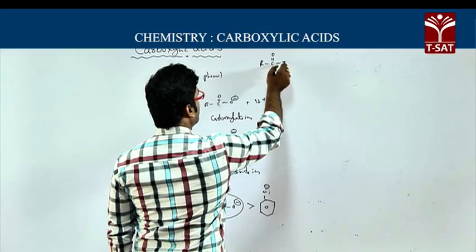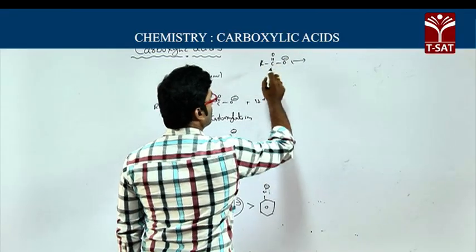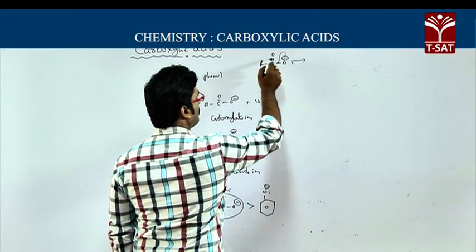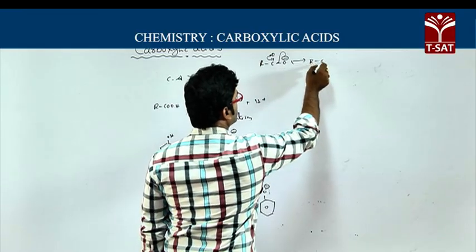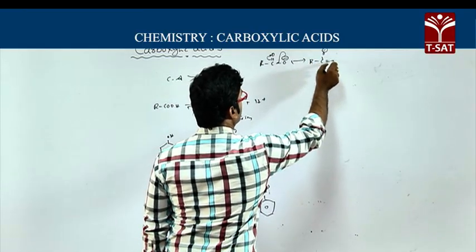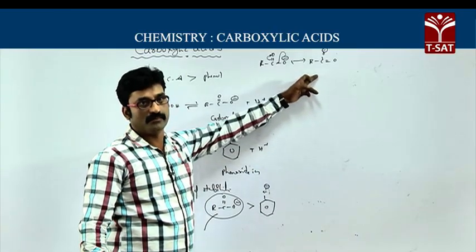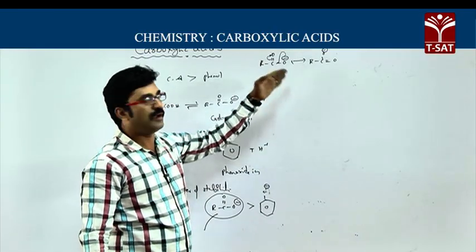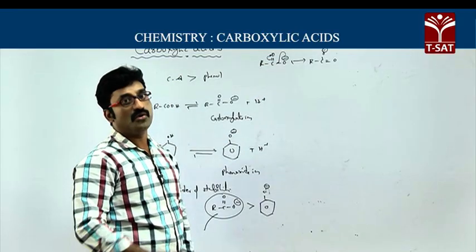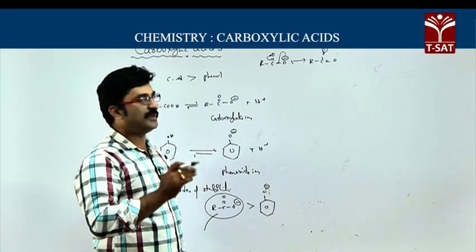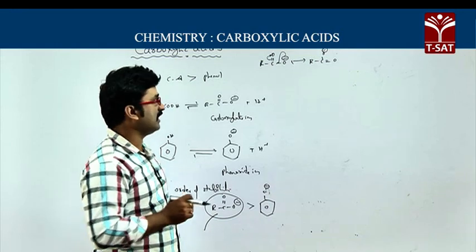RC double bond O minus, its resonating structure is RC O minus and double bond O. So we are getting two equivalent resonating structures. The species having equivalent resonating structures is more stable than the species having non-equivalent resonating structures.